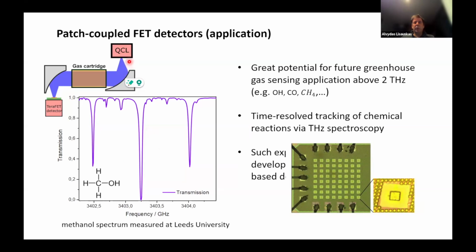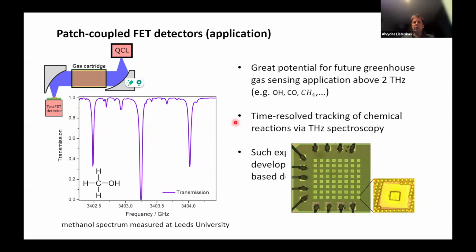But what is important: if a QCL is used here for transmission, and then the QCL frequency is shifted by the current, by the operation point, and this can be done with a very fast shift, you can very nicely measure absorption spectra of methanol gas.